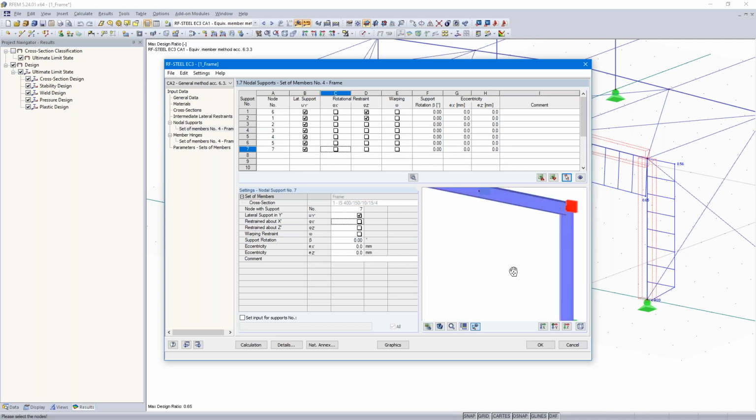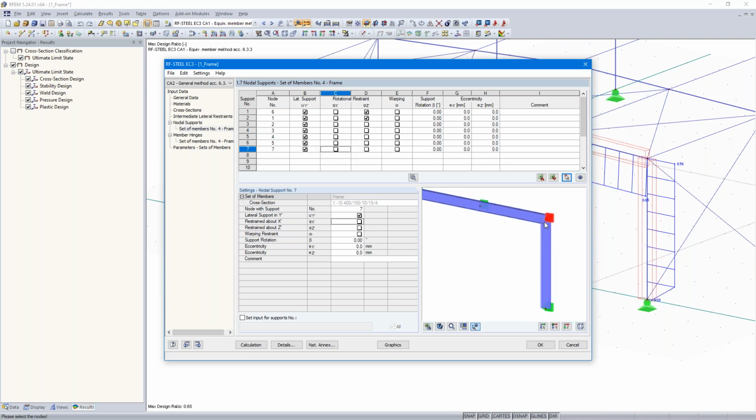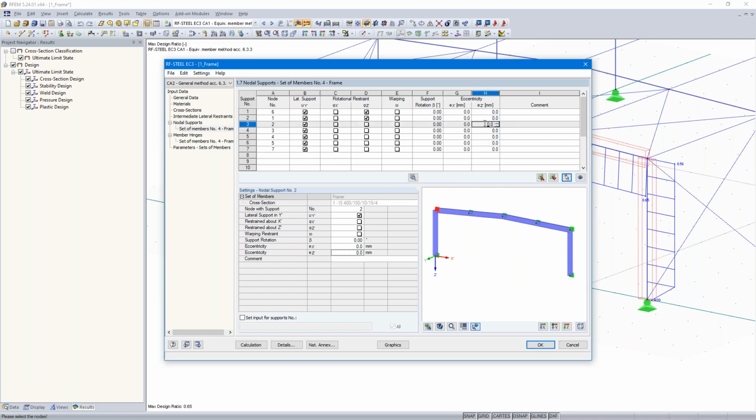Okay. You can see it here in the graphic. I think it's a quite good tool. What we need to define is the eccentricity of minus 100, and I can copy that in the next line with F8.